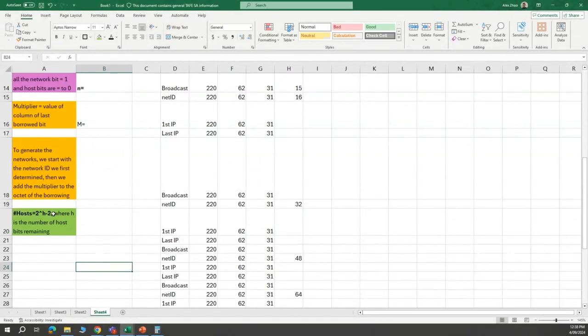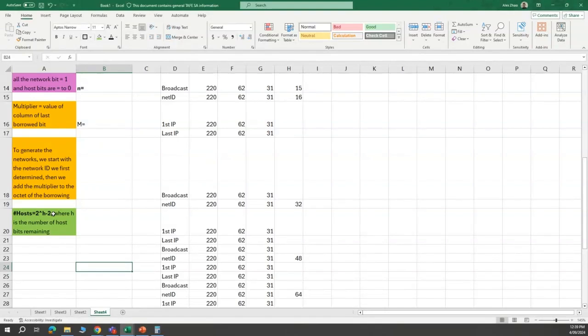All right, so it's very similar to the other formula, isn't it? But you notice that there's a -2. Why do you think there's a -2? Reserve the network and broadcast. Yeah, exactly. Every network has to have an IP address for the network ID and one for the broadcast. Exactly. That's why there's a -2.